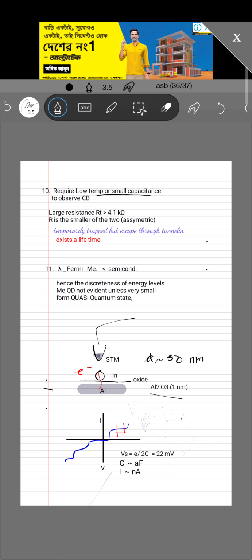So the first tunneling influences the second tunneling, and we get a tunneling current.